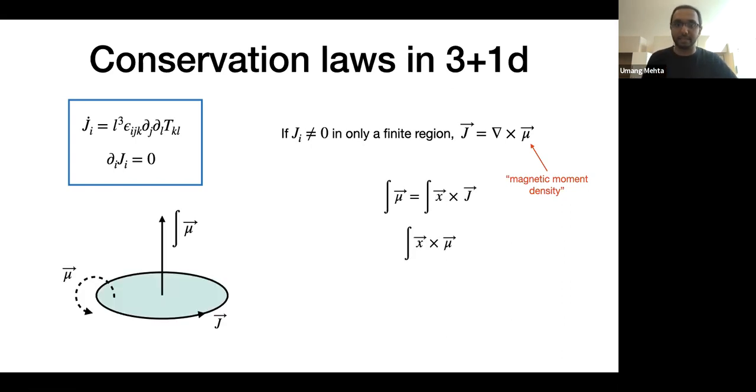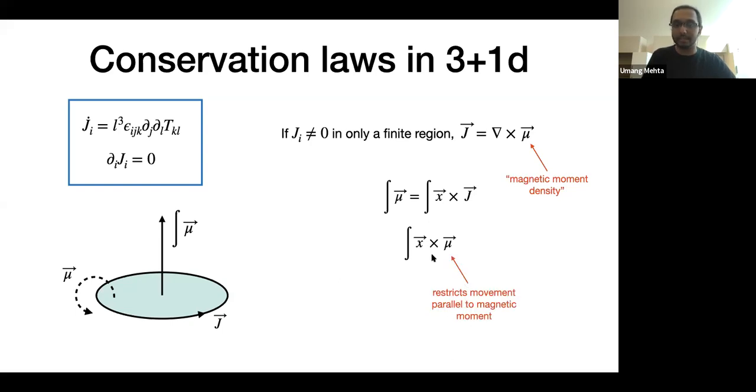In the case of J being non-zero only in a finite region, there are 2 conserved quantities. One is the integral of mu, which is the total magnetic moment. The other is the integral of x cross mu, which can also be written in terms of the integral of x cross J. Here's an illustration to help visualize mu being the magnetic moment density of, say, a solenoid, J being a magnetization current, and the integral of mu lying in this direction.